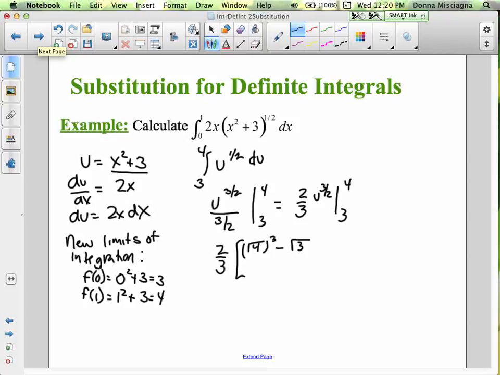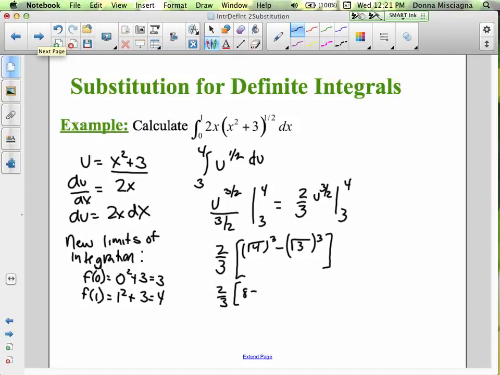The square root of 3 is going to be cubed. We'll leave it as the exact answer. So it's going to give us 2/3 times, 2 to the 3rd power is 8, minus, well, we've got the square root of 3 cubed.